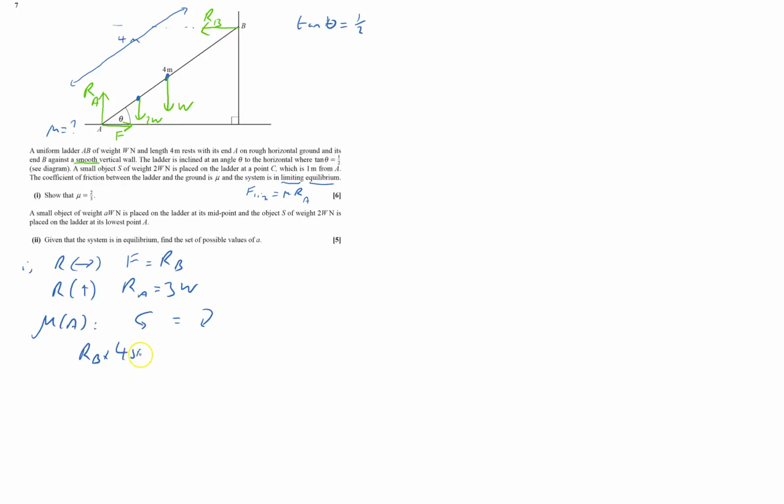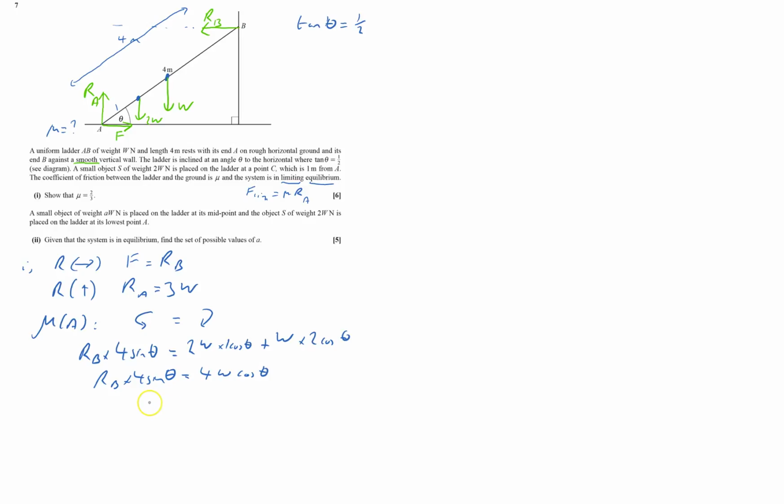So times by 4 sine theta, and that equals this one here, 2W times that length 1, so that distance here is 1 cos theta, times 1 cos theta, plus W times 2 cos theta. And so RB times 4 sine theta equals 2W cos theta, another 2W, that's 4W cos theta.